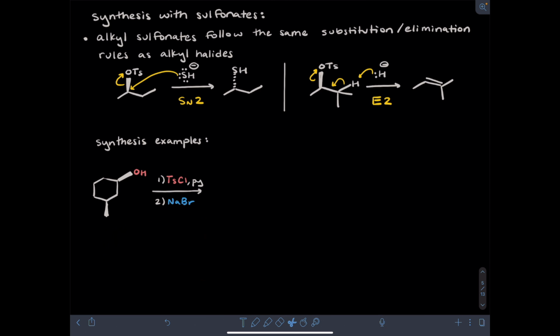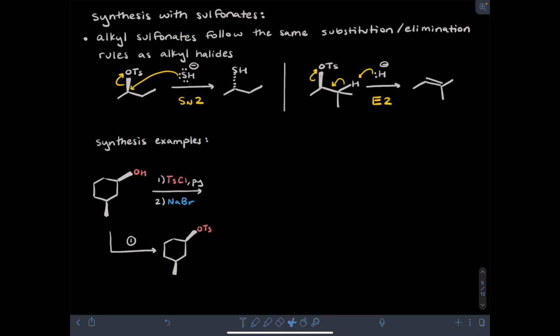Starting from an alcohol, the alcohol can be converted into an alkyl sulfonate before a substitution or elimination reaction, because remember the OH group itself is a really bad leaving group. So in this first example, I have a molecule with 2 chiral centers, one of which is a carbon attached to an OH group.